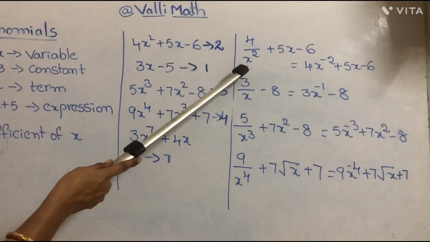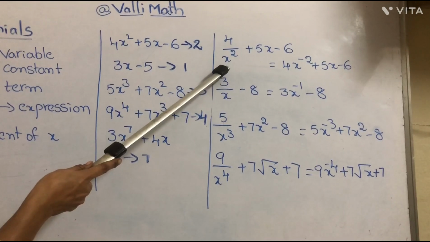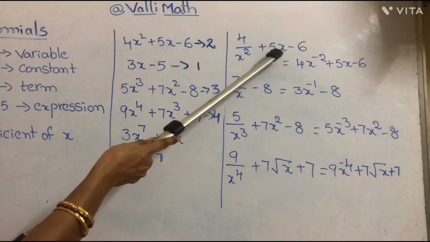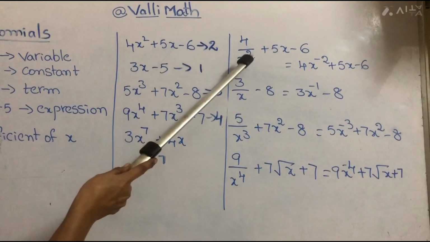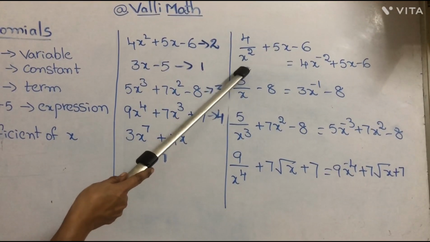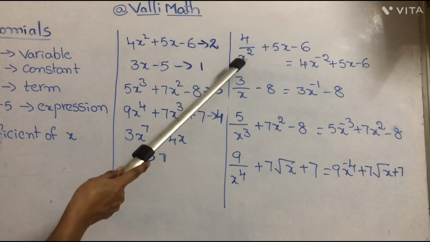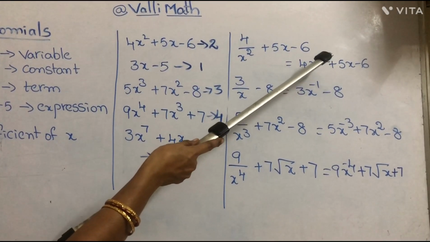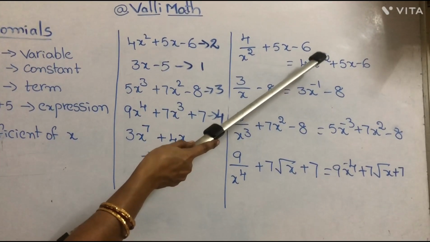See, in this, 4 by x square is there in the denominator, plus 5x minus 6. Same terms I used, but the difference is that x square is in the denominator. If I take this x square to the numerator, the power gets a negative sign according to exponents and powers.